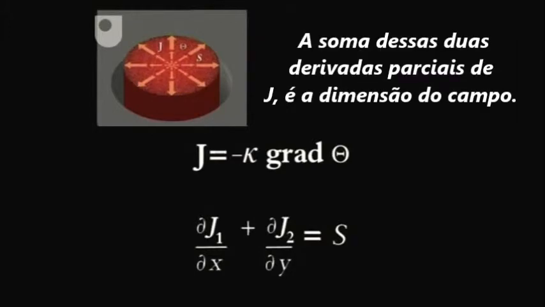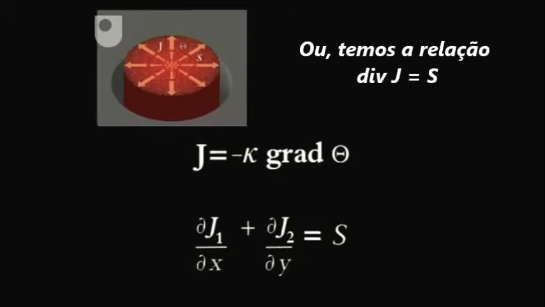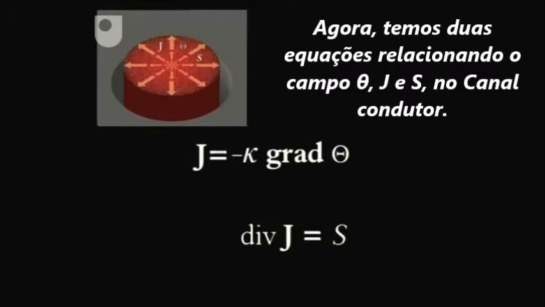The sum of these two partial derivatives of J is a scalar field, which we call the divergence of J, or div J for short. So, we have the relationship, div J equals S. Now we have two equations relating the fields theta, J and S in the fuel rod.